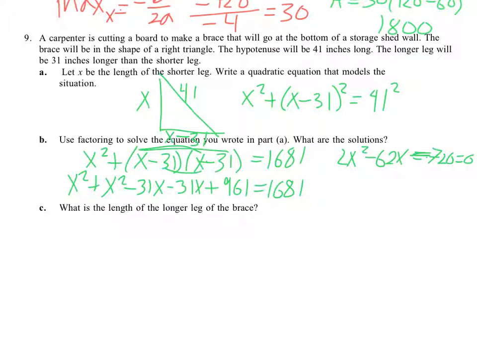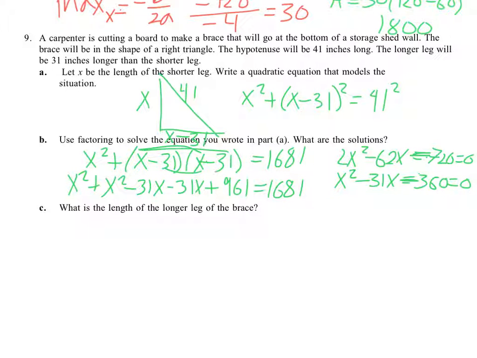Okay, I'm going to divide everything by 2 because that's going to be much nicer. x squared minus 31x minus 360 is equal to 0. So things that multiply to negative 360 and add up to negative 31.